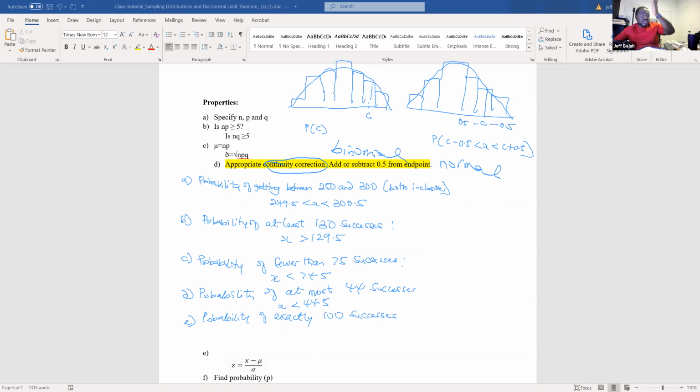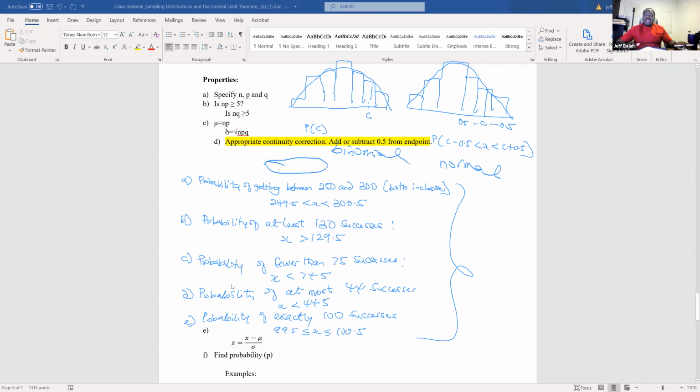Since this is exactly 100, that would be 99.5 and 100.5. That's how we do continuity correction, basically, if you're given a question. This is very important because when we correct it like that, then we can solve for the value and get our answer for that question.